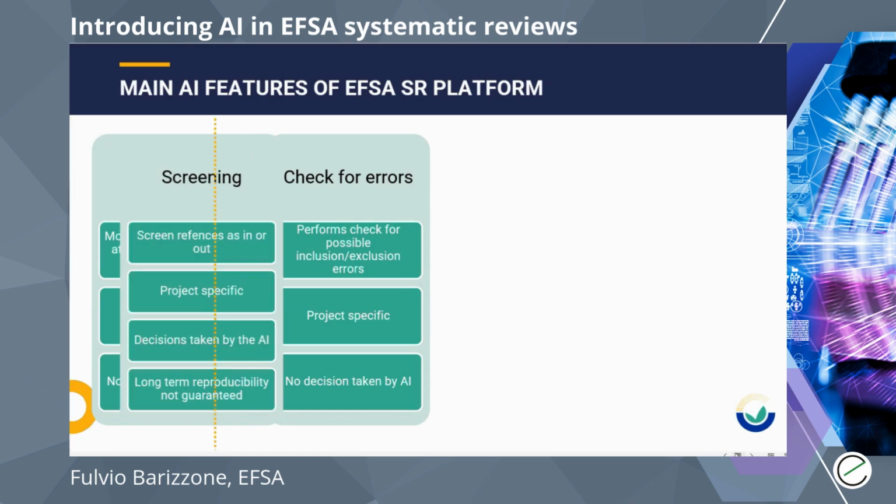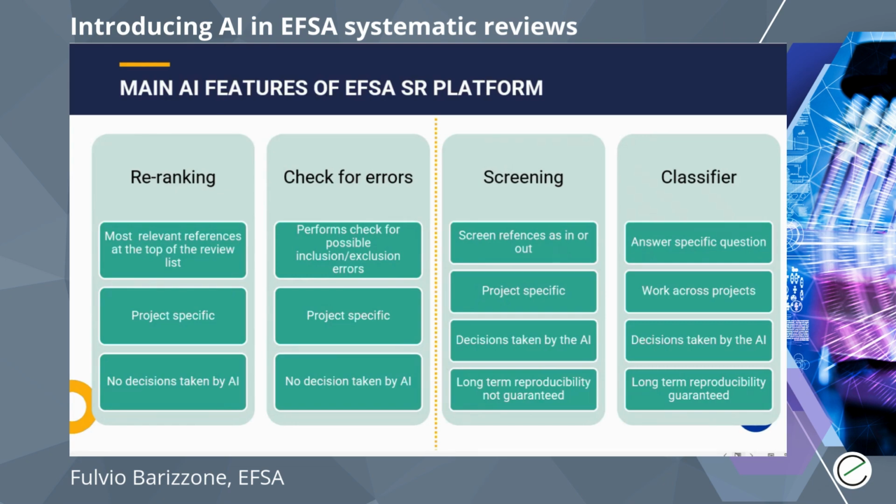Then the next step is to have a function where there is already a decision that the AI takes on the reference that you are going to review. For that, there are a couple of functions in the tool. One is related to the screening, in total, of a reference as being relevant or not. And the last one that became available is called classifying.